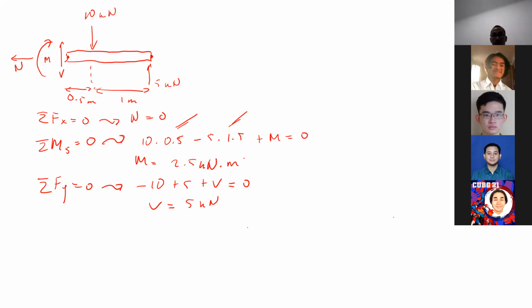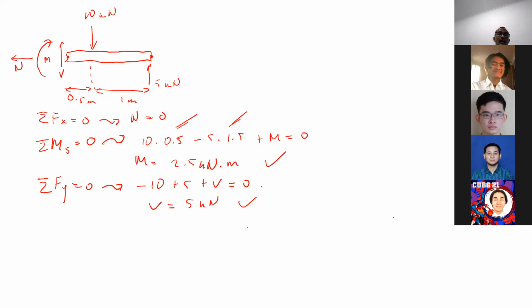So now let's compare. If we use the right section, we have the moment 2.5 kilonewton meter and shear force 5 kilonewton.